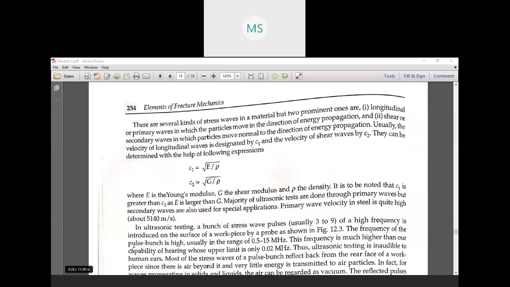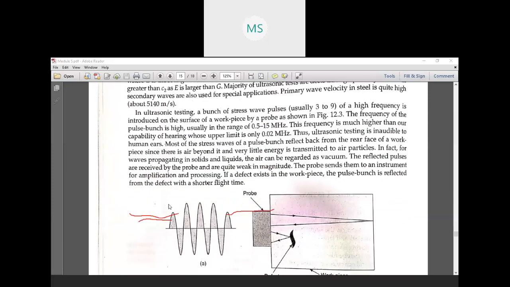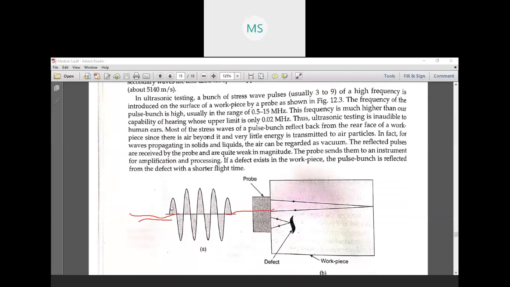A majority of ultrasonic tests are done through the primary waves only, and secondary waves are normally used for some special applications. Primary wave velocity in steel is quite high. So these two types of sound waves we can send into the system.